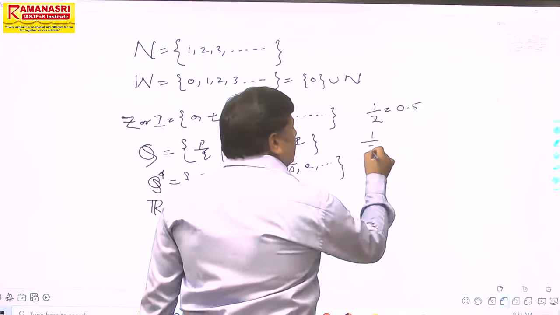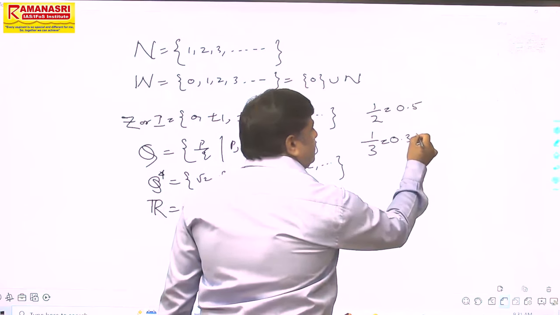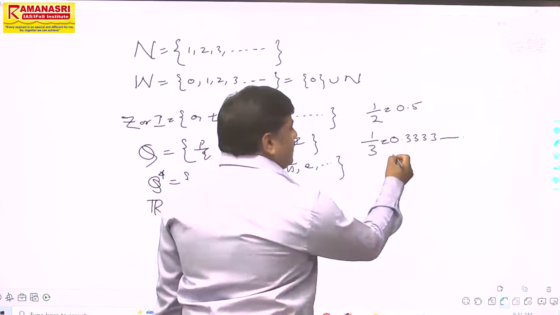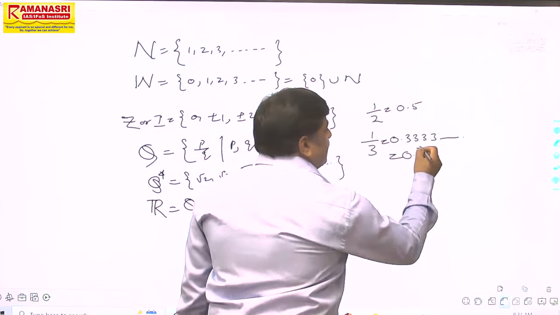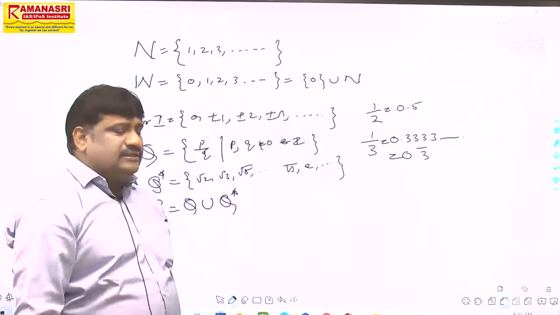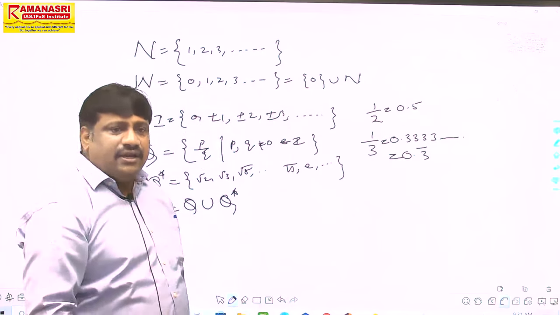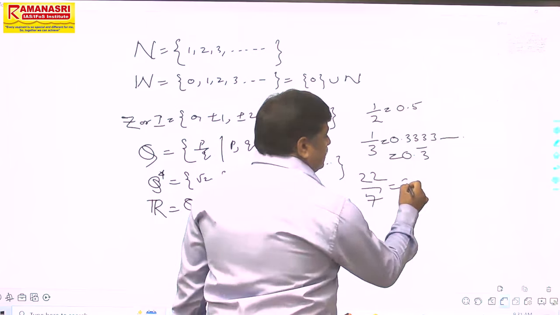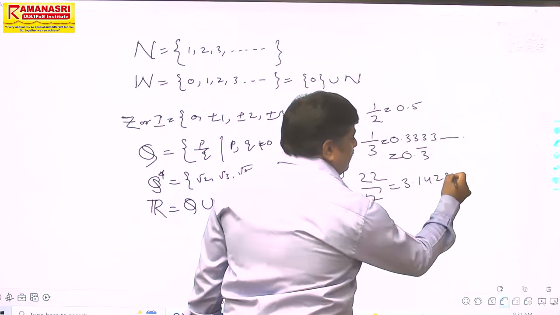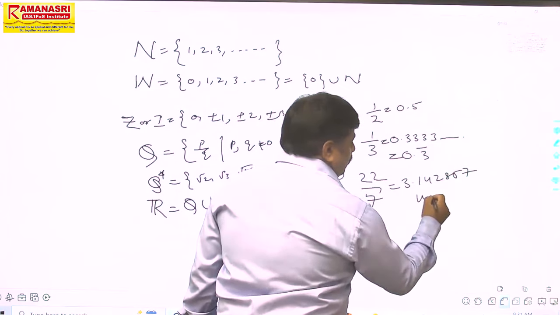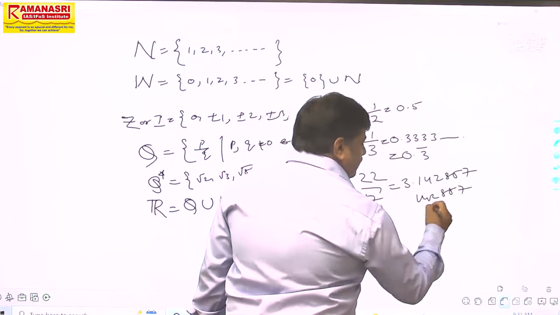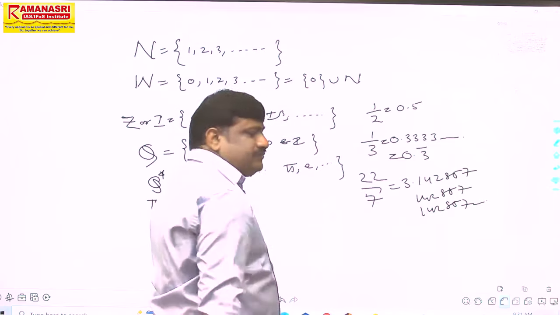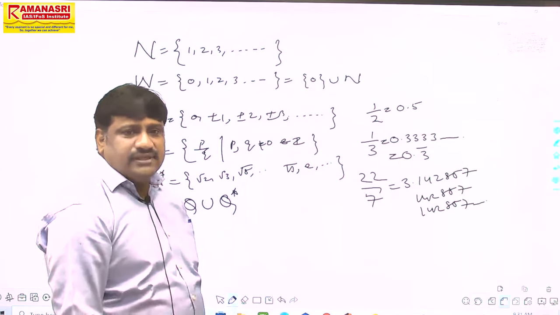And 1/3 is what? 0.33333 and so on it is coming. Therefore sometimes we can write it as 0.3 bar. This is the recurring. 22/7 is what? 3.142857, 142857 every time, 142857 only, and so on.